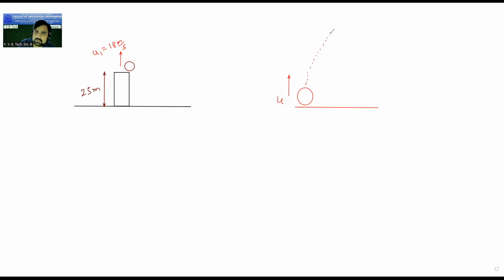After some time it will stop at this point, halfway, where its final velocity is 0, and from this point it will start to fall down. Then slowly its velocity goes on increasing, and with the maximum velocity it will hit the ground. This is the total motion.